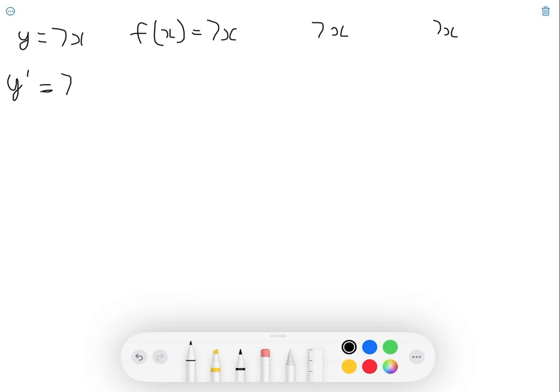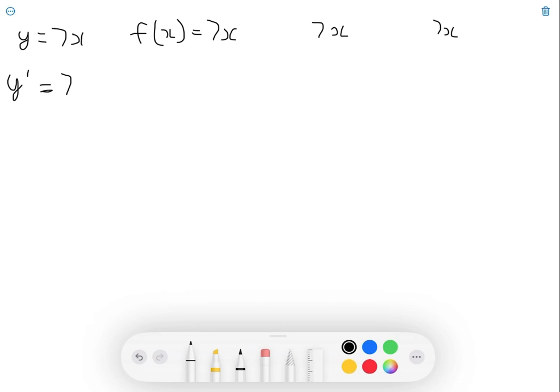So we have y prime equals 7. And if we were to graph that, that would be a straight horizontal line at the point y equals 7. And what that tells us is that at any point, the derivative of the graph y equals 7x will equal 7.